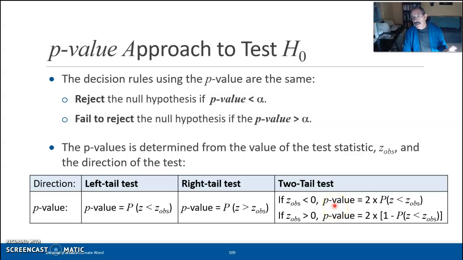And if you have a two-tailed test, well, it depends. If the value of the test statistic is negative, then the p-value is 2 times the probability to the left of that value. If the z value is positive, then the p-value is 2 times 1 minus the probability to the left of the z observed. So again, the same rule that we learned in Module 9.